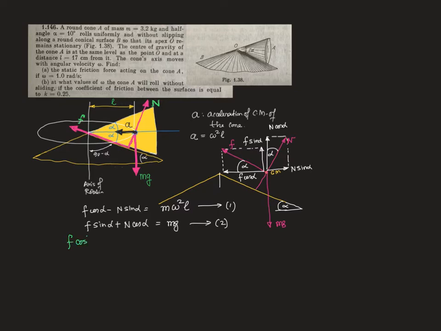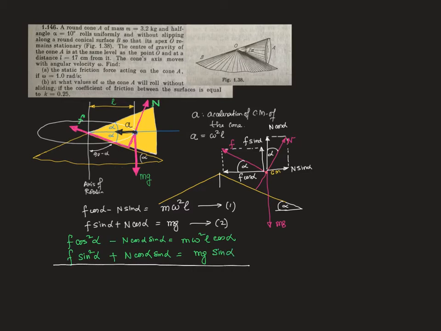Equation 1 by cos alpha: F cos square alpha minus N cos alpha sin alpha is equal to m omega square L times cos alpha. And multiplying equation 2 by sin alpha: F sin square alpha plus N cos alpha sin alpha is equal to mg times sin alpha.